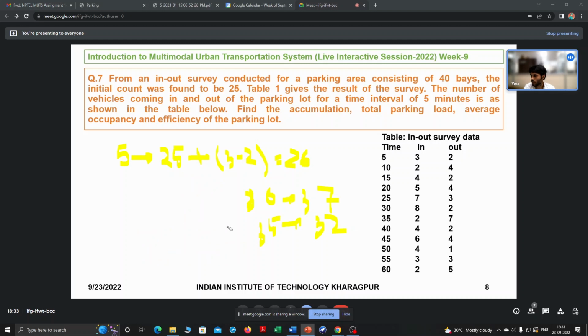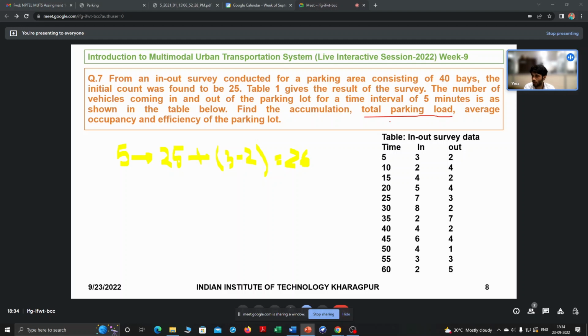So I am erasing these parts. So now you have 26. Suppose the second is the total parking load, right? So what is the total parking load?